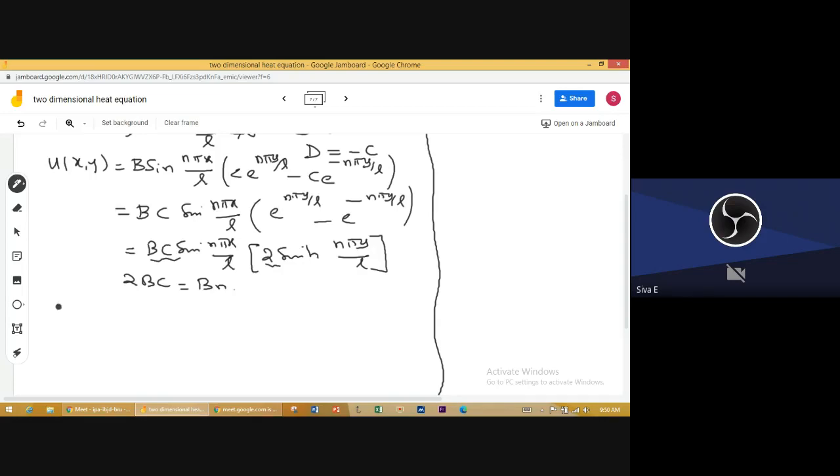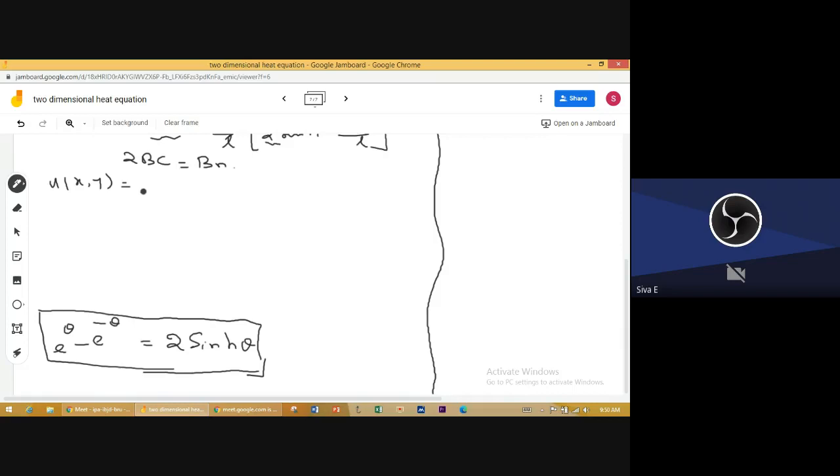Then we can write that u of x comma y equal to summation of n equal to 1 to infinity Bn sin n pi x by l into sinh n pi y by l. This is equation number 5.